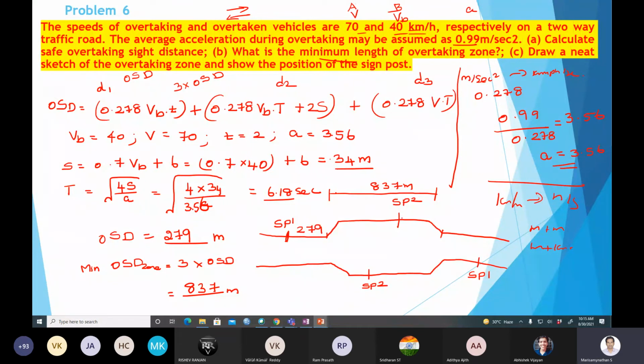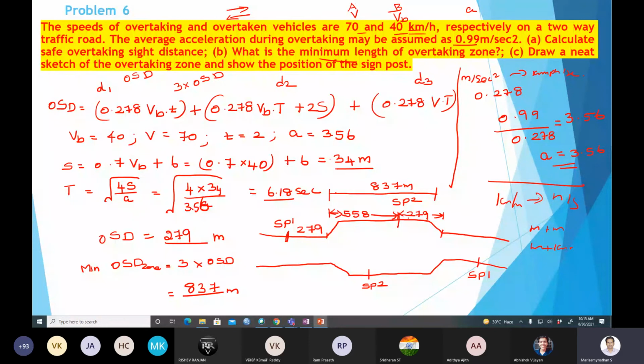This is where we are posting the sign. From 837 you can subtract 279, then this length will be 558. So this is the distance of the overtaking zone, the first part, then they get the signpost, then again they travel for the 279 meter.